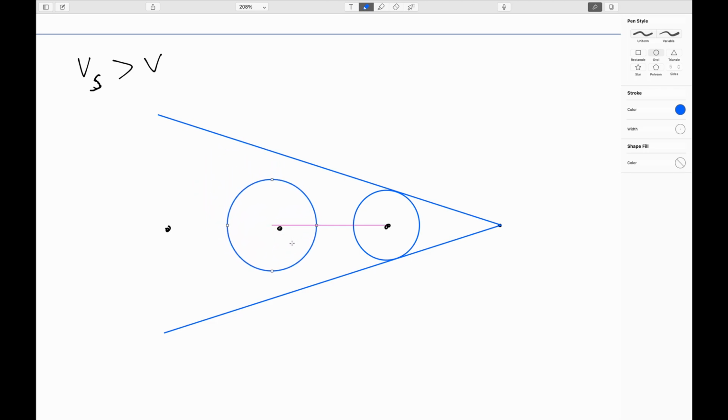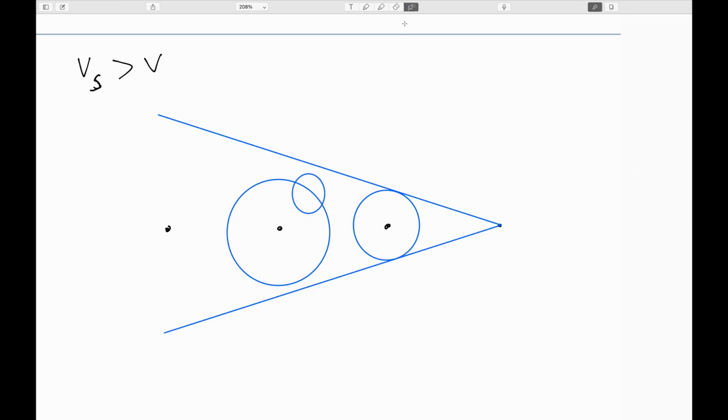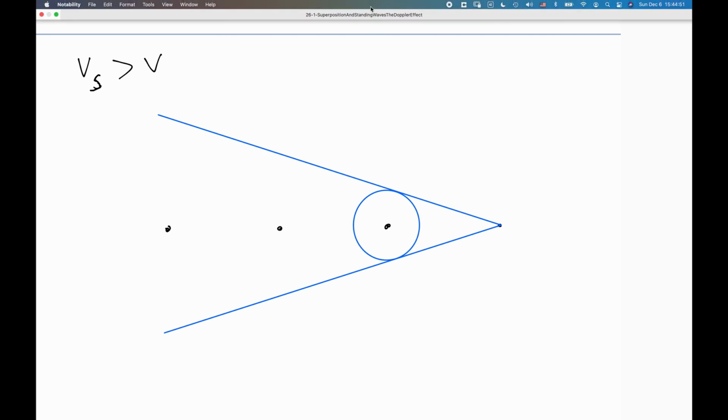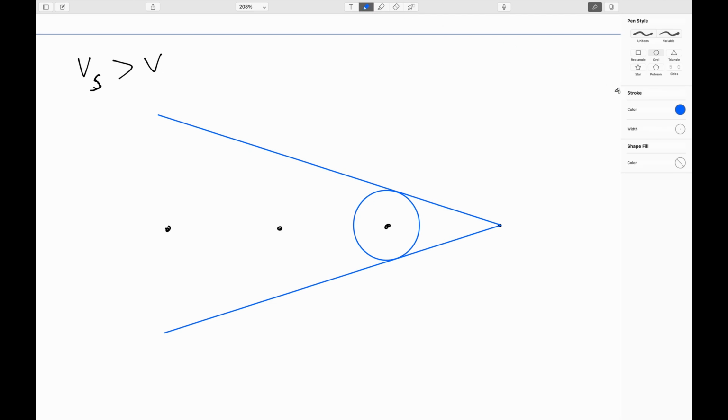So here, since the source is moving faster than the speed of sound, let's try that again. There we go. Since the source is moving faster than the speed of sound, the source is outrunning its own sound waves.